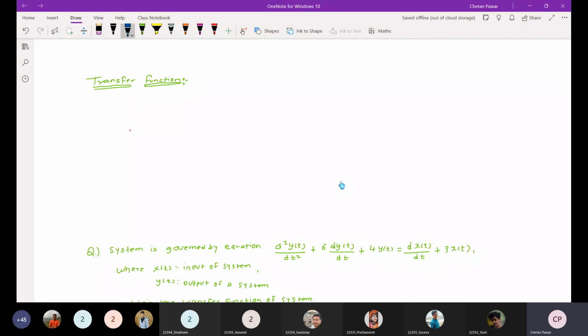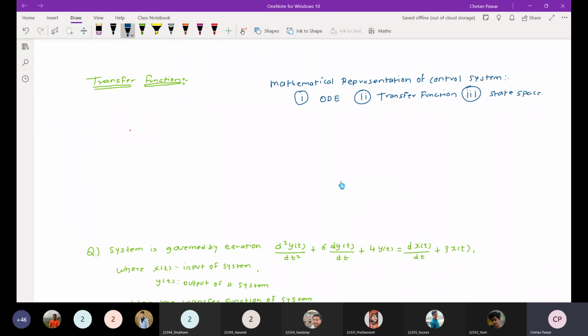If I talk about the mathematical representation of a control system, the first one is the ordinary differential equation, ODE. The second one is transfer function, and the third one is state space.